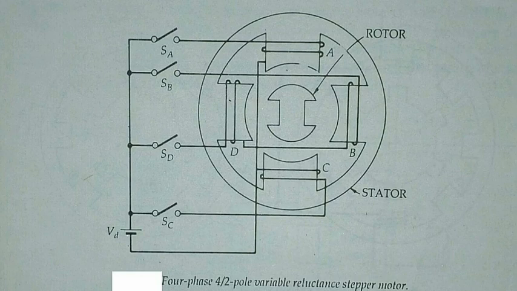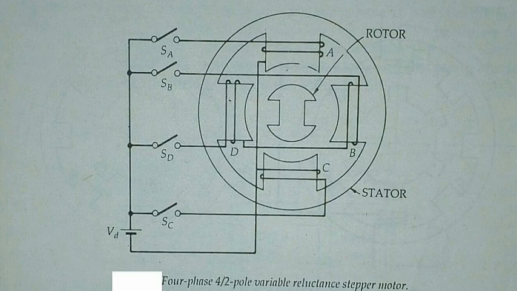When the stator phases are excited in a proper sequence from DC source with the help of semiconductor switches, a magnetic field is produced. The ferromagnetic rotor occupies the position which presents minimum reluctance to the stator field. That is, the rotor axis aligns itself to the stator field axis.